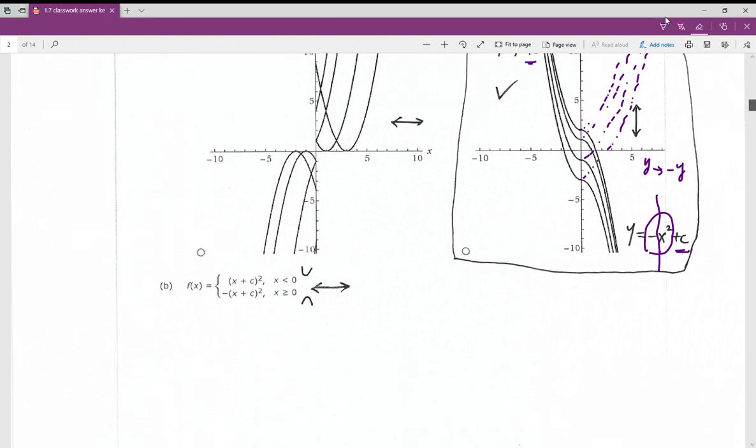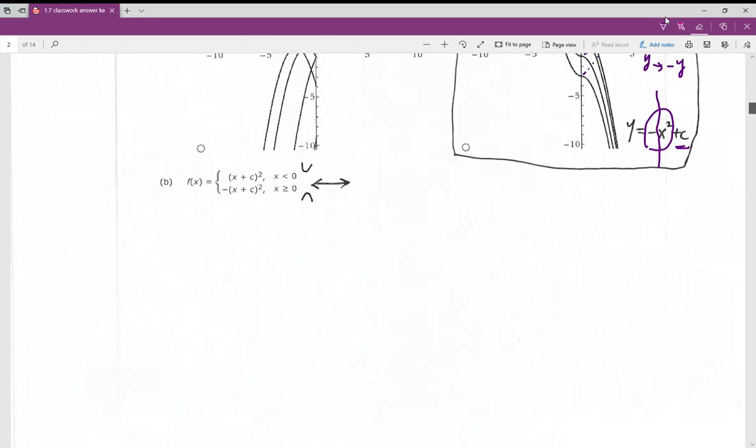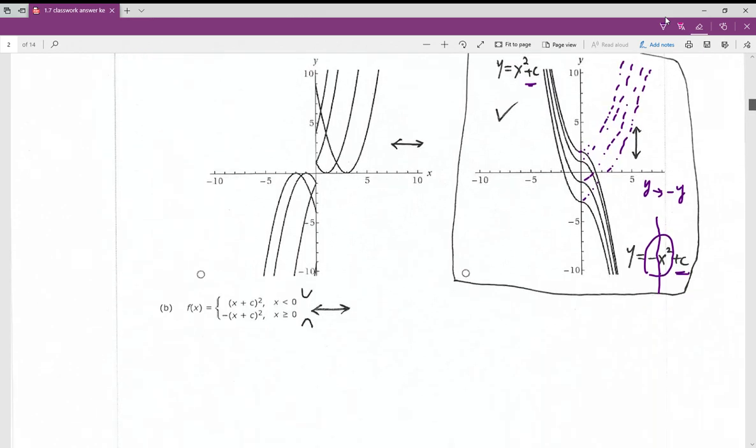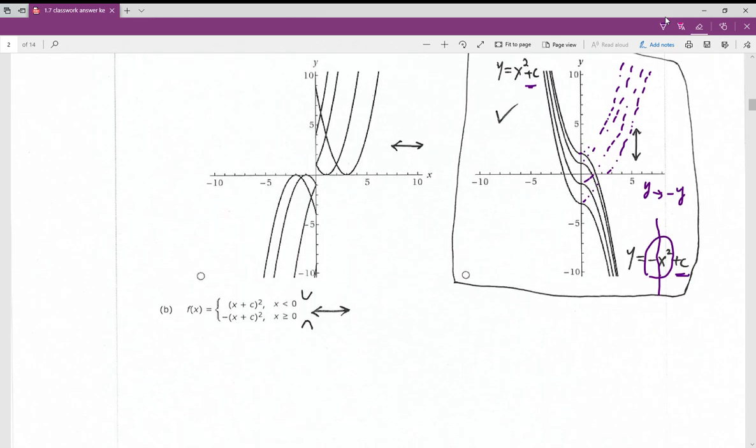Now part B. So you want to compare it with the previous question. In the previous question, I said our negative sign is for y, or you say for x squared, not for x. But this time, it's also for x squared, I thought.